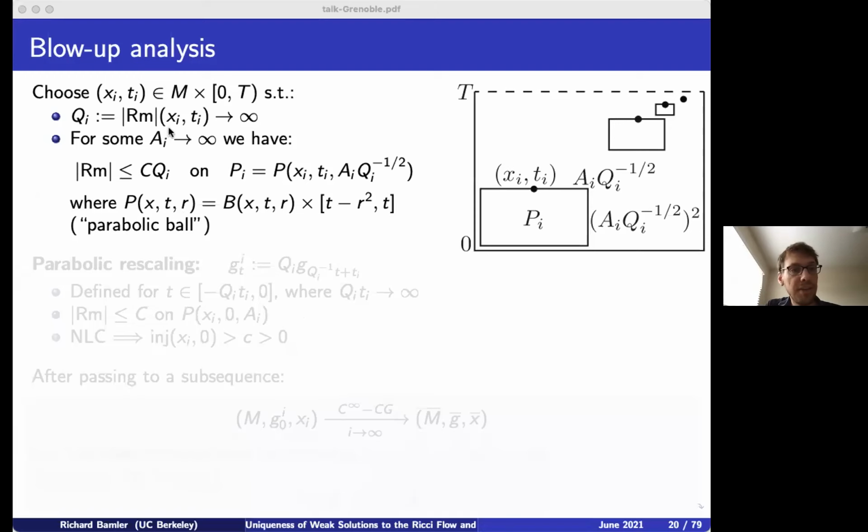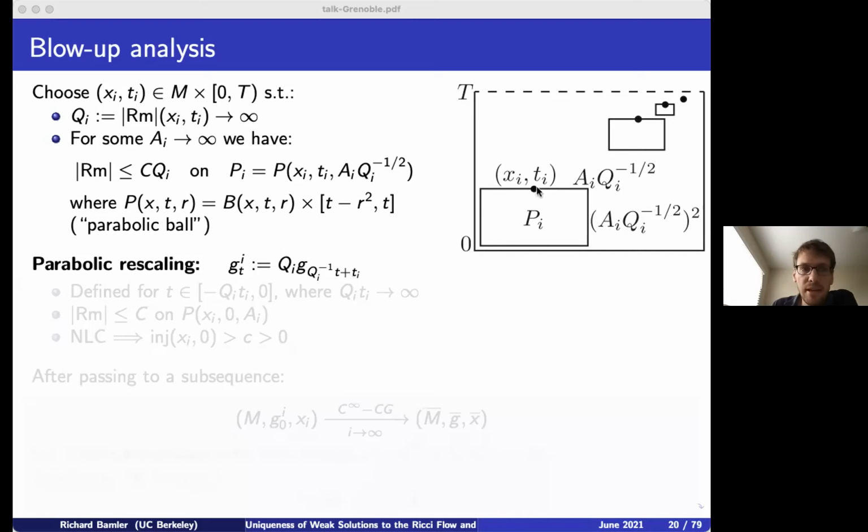Okay, so now once I have this sequence of points, what I can do next is parabolically rescale the Ricci flow. I can multiply the metric by qi, and then parameterize the time in this way. So this will rescale distances by the square root of qi and times by qi, and it will divide curvatures by qi, and I'm applying this time shift, which means that time 0 for this flow corresponds to time ti for the original flow. So for the new flow, these points are situated at time 0.